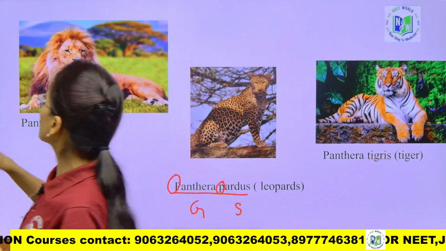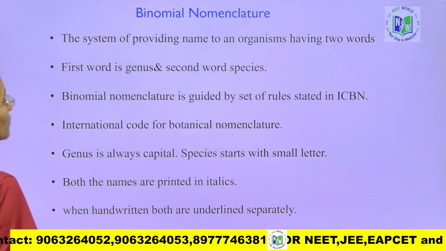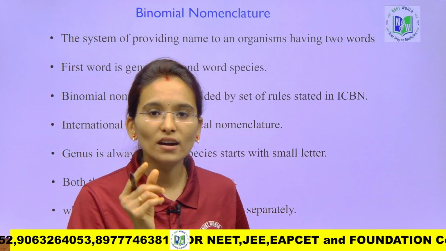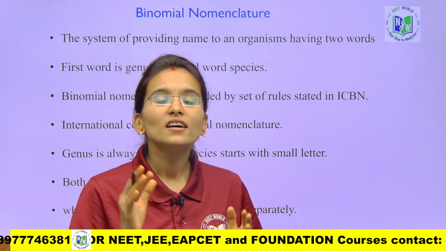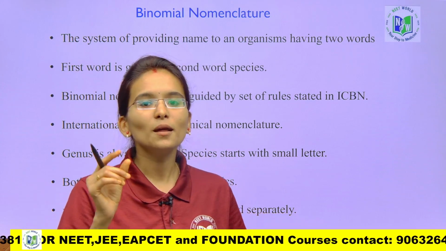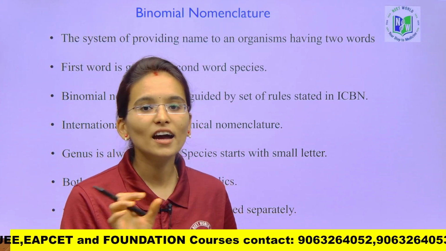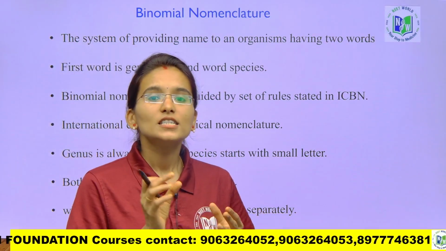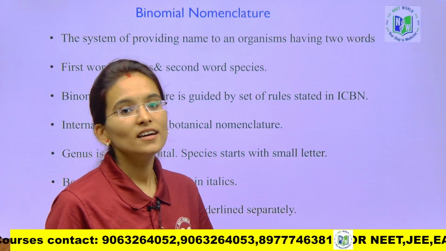So binomial nomenclature is a system of providing a name with two components. The first component is called genus, and it always starts with a capital letter, and the species starts with a small letter. Both components are underlined when handwritten and are printed in italics.